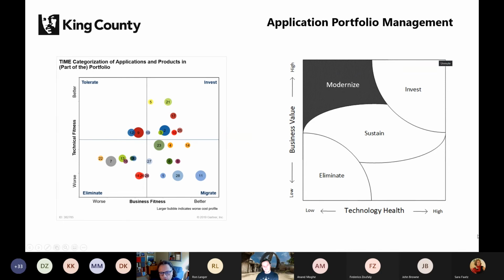So in general, you're not going to see it. You don't see it on the Gartner example on the left. You're not going to see a lot of really high technical fitness with low business value. At least we didn't, and I wouldn't expect that most organizations would.